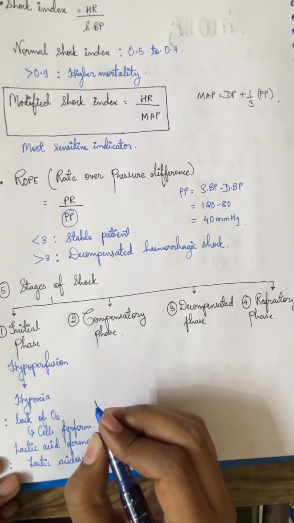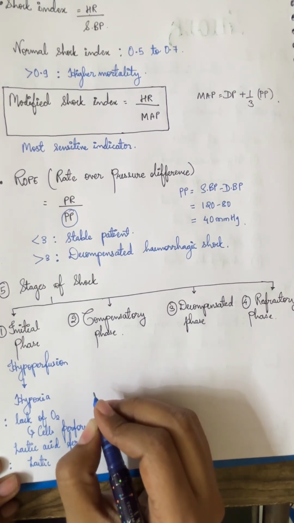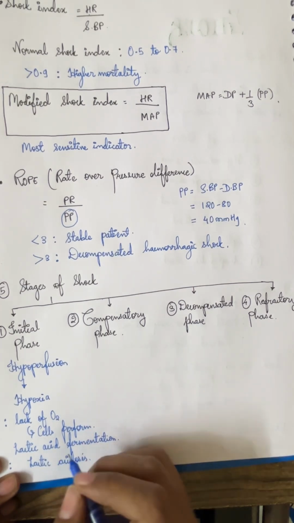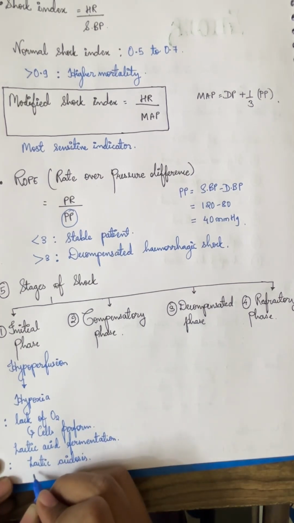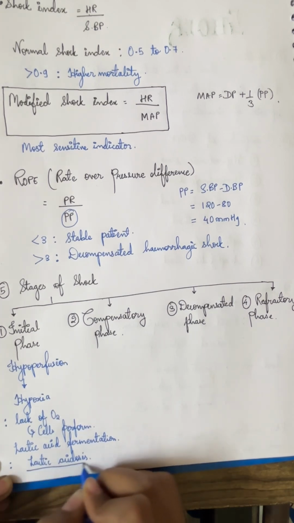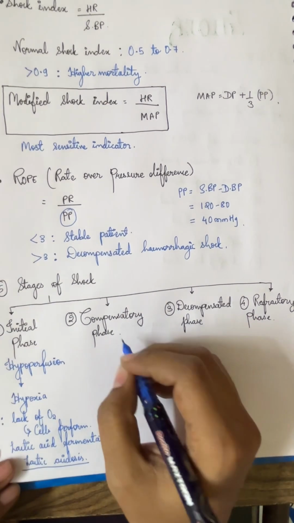This slows down entry of pyruvate into the Krebs cycle, resulting in its accumulation, and the accumulating pyruvate is converted to lactate by lactate dehydrogenase, and this lactate causes lactic acidosis.